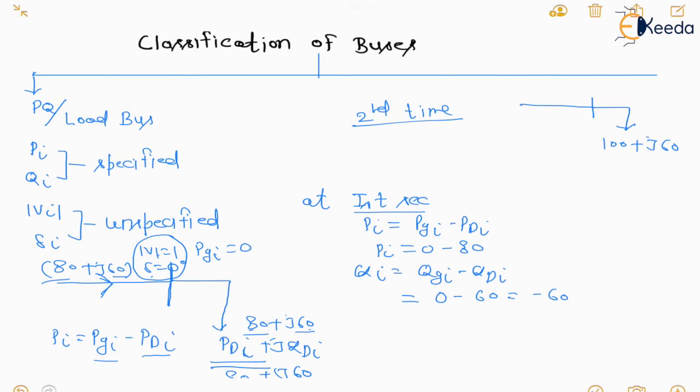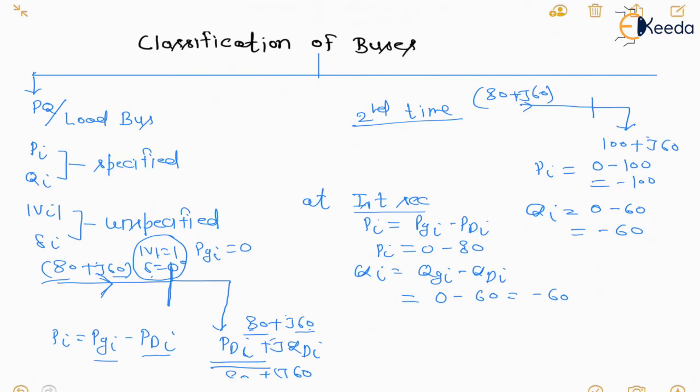What will happen when we change the load and still the power supplied is 80 plus j60? So what is happening exactly? Still our generation is 0. So at the second time, Pi is equal to PGi 0 minus 100, that becomes minus 100, and Qi becomes 0 minus 60, that is minus 60.